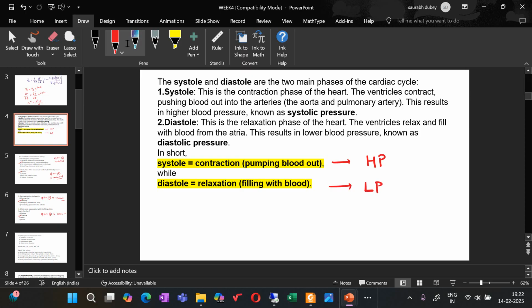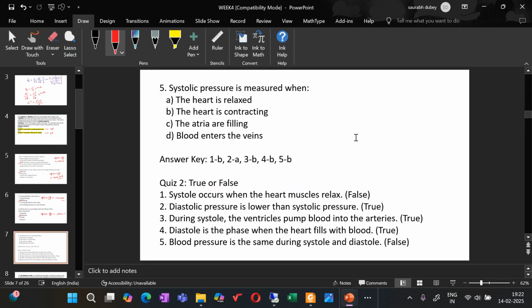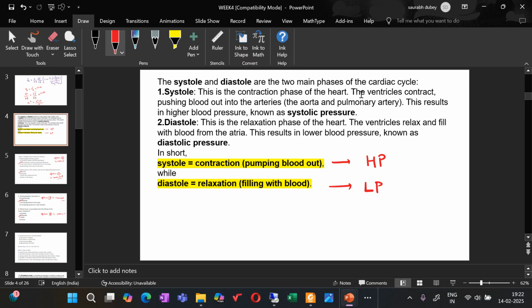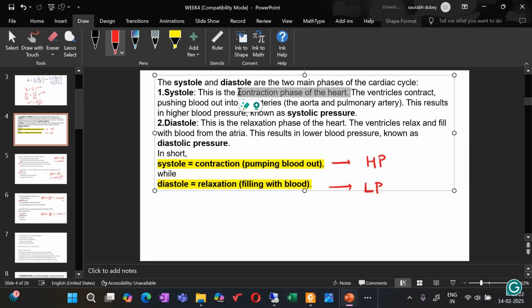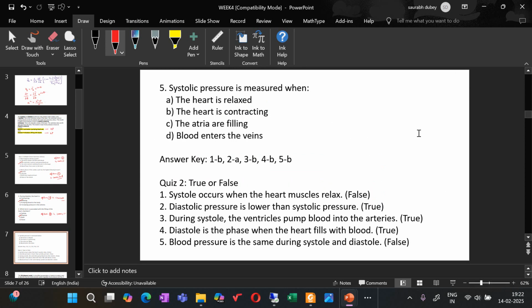Based on that, systolic pressure is measured when the heart is relaxed, the heart is contracting, the arteries are filling, the blood enters the vein. So this is the contraction phase of the heart. So the heart is contracting, right? So option B is the correct answer.